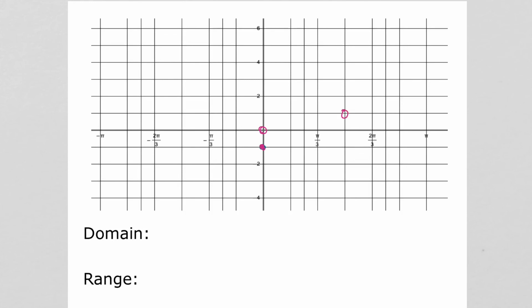But because we have an amplitude of 2, we've got to go up 2 from there. And there we go. And then the other way, we're going to go down at negative pi over 2.